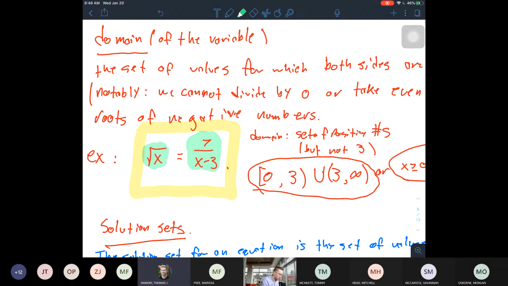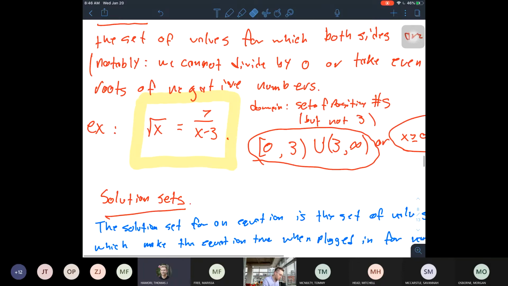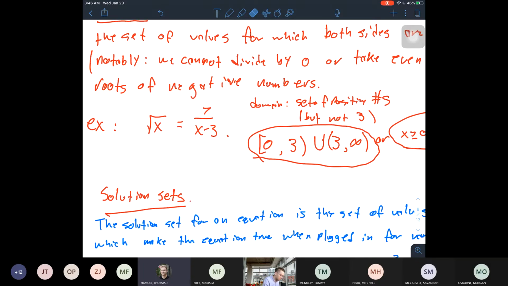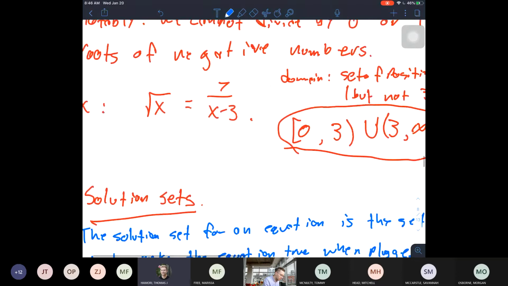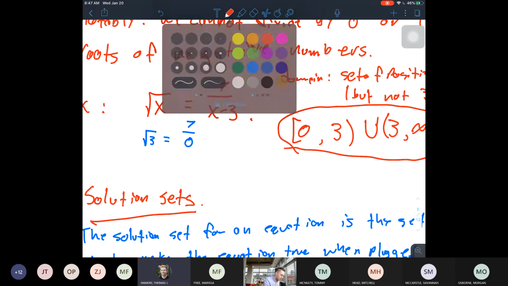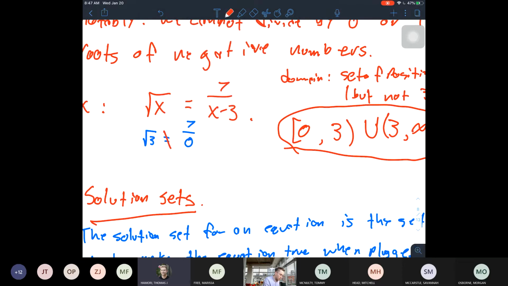If I were to try to plug 3 into this equation, what I would get is square root of 3, fine so far, equals 7 divided by 0. Forget about the fact that these are not going to be equal. The right-hand side does not even make sense.